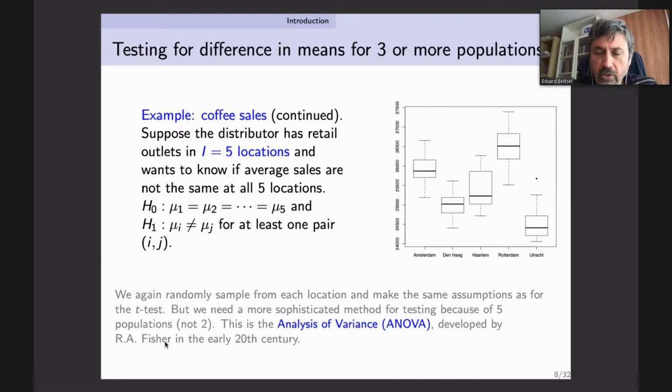It's a bit controversial, but his role is acknowledged by all in certain aspects. He developed analysis of variance, which is totally due to him. He invented that, and it is still widely used, a very popular technique, and we are studying it.